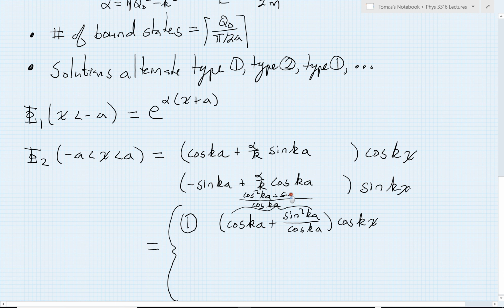And we know cosine squared plus sine squared, of course, is the famous trig identity, which gives us 1. So this entire prefactor becomes 1 over cosine Ka, and I have this beautiful result that this term for case 1 type solution, phi 2, boils down to this very simple thing, cosine Kx over cosine Ka.